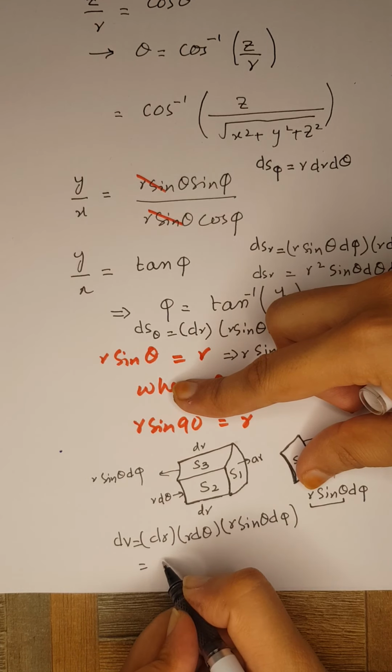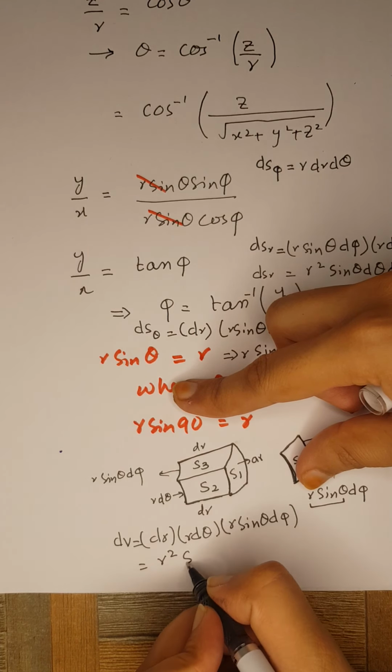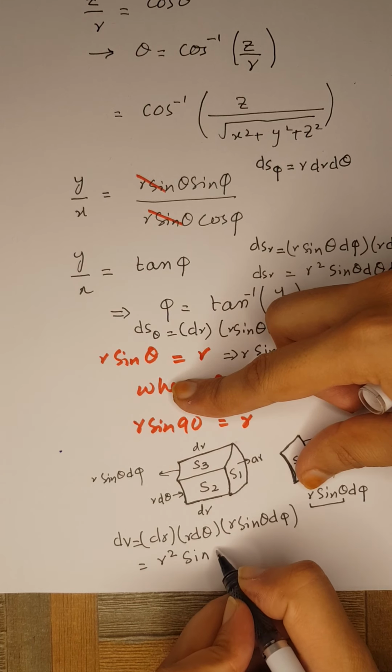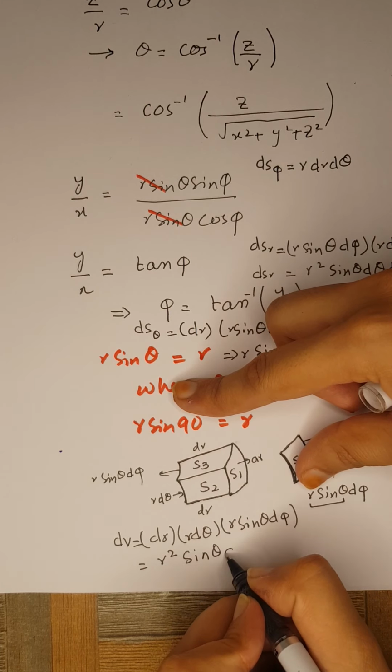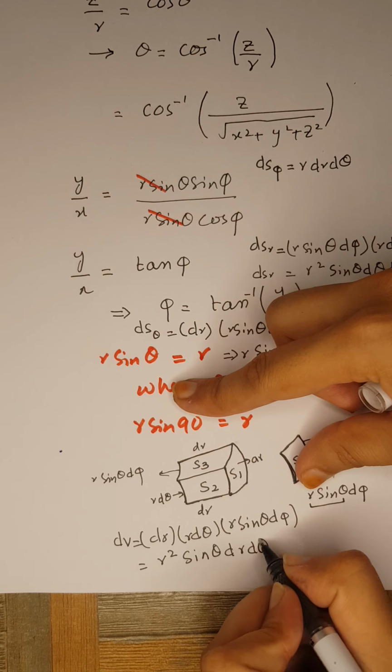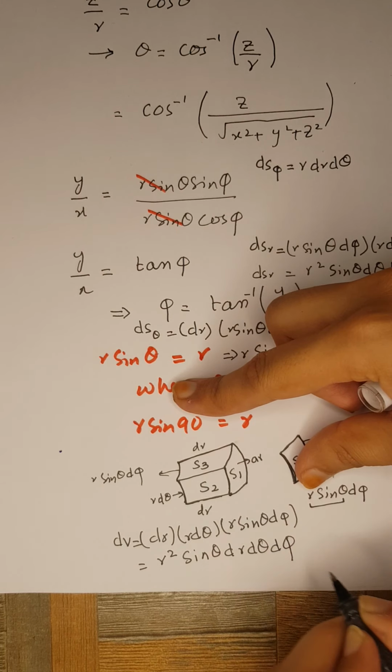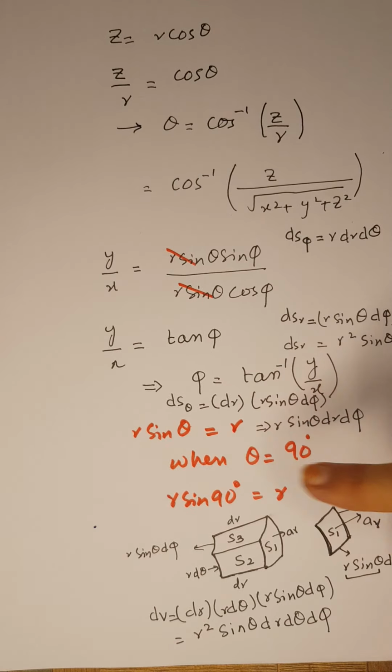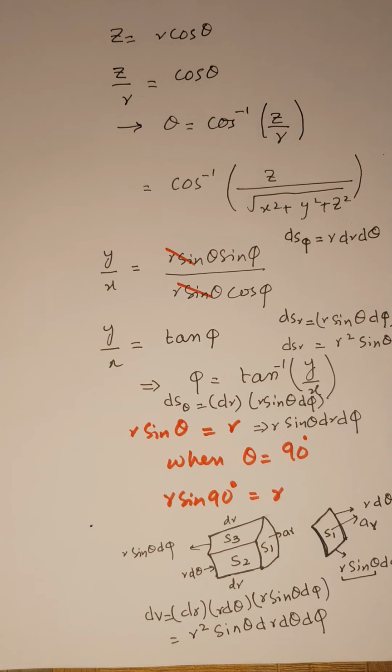Simplifying this expression, you will get r square sine theta dr d theta d phi. In this way we get the differential volume element and the surface areas in the spherical coordinate system.